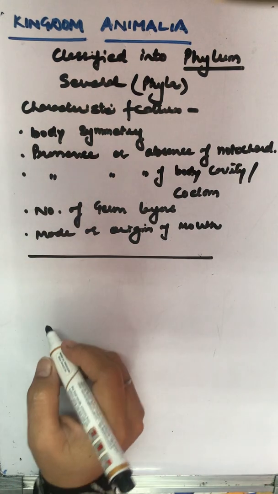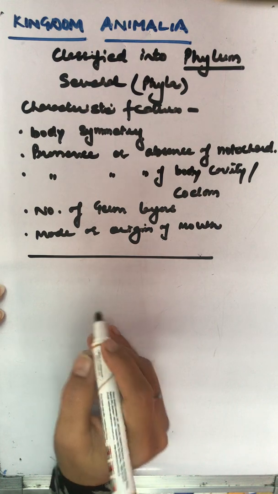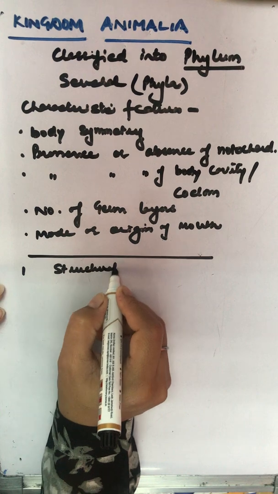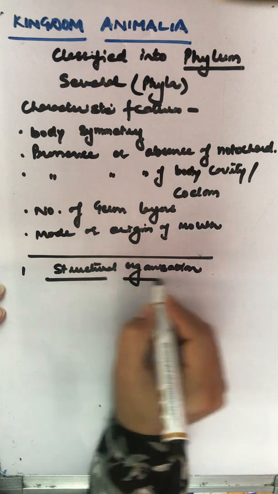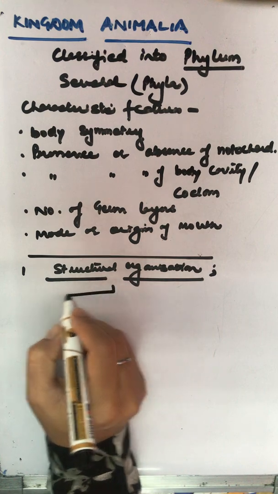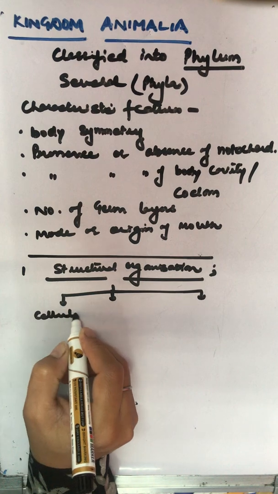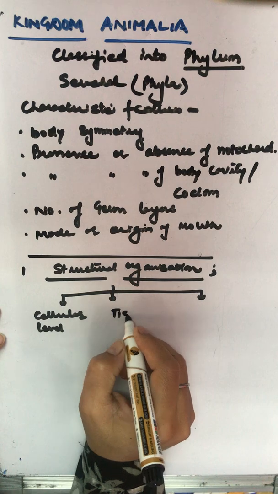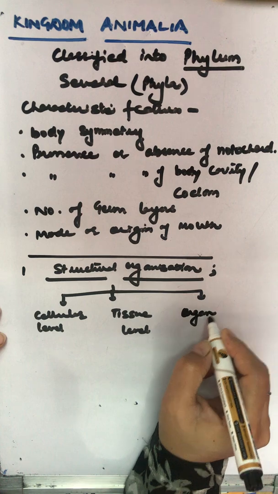There are various features that we can categorize, but first of all we start with the structural organization, which stands for the type of organization of the body. On the basis of that, every organism has a cellular level, then a tissue level, and then an organ system level.